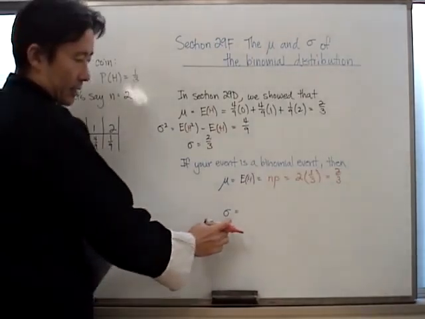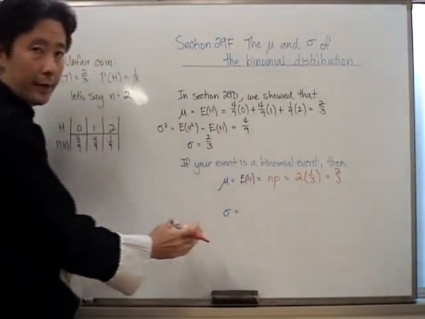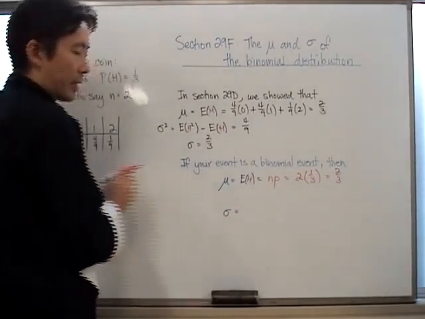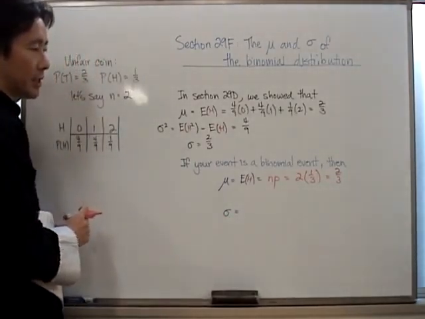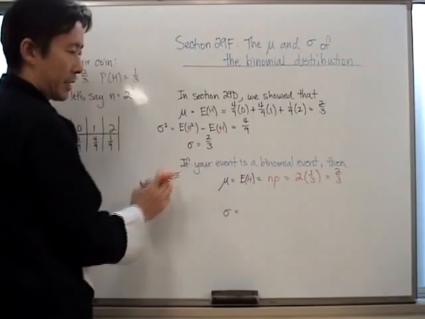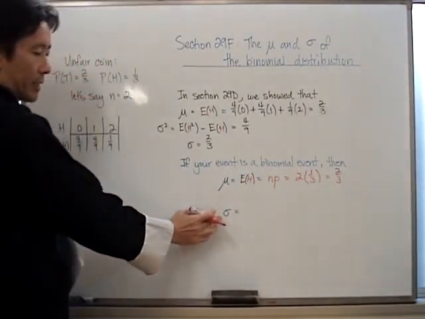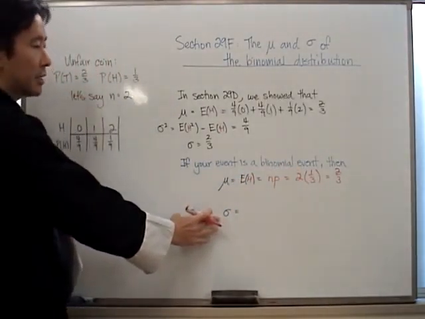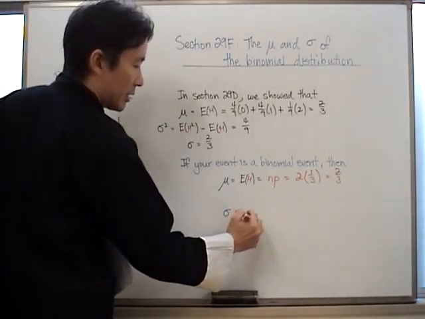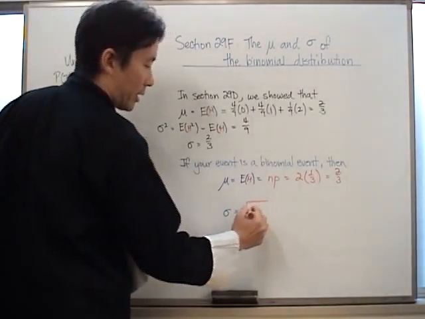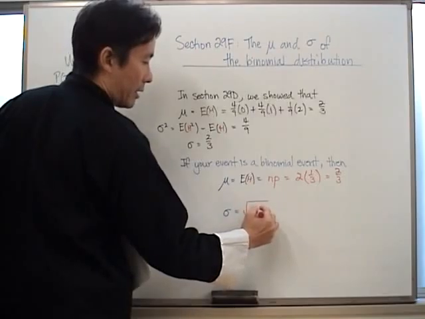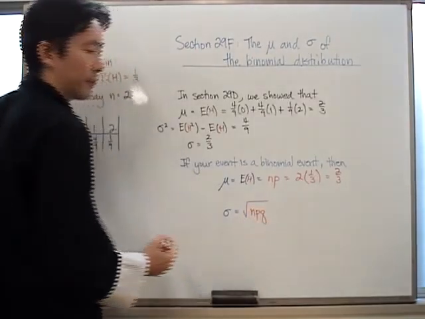There's also a very quick method of determining the standard deviation. Instead of going through this whole process, being that we know it's a binomial event, the standard deviation is very simply calculated as the square root of n, p, and q.